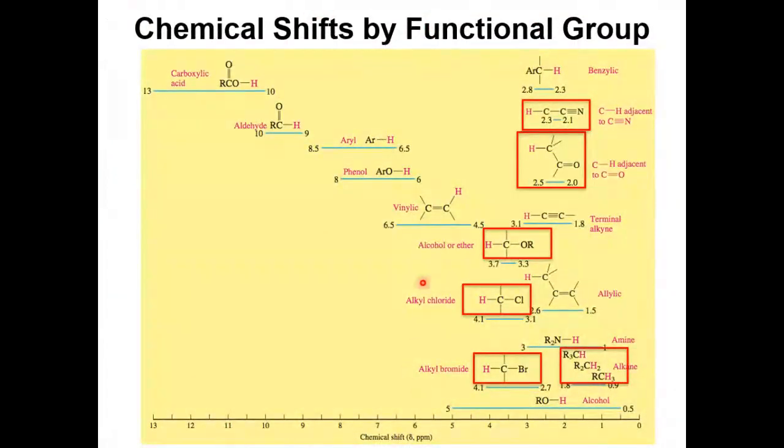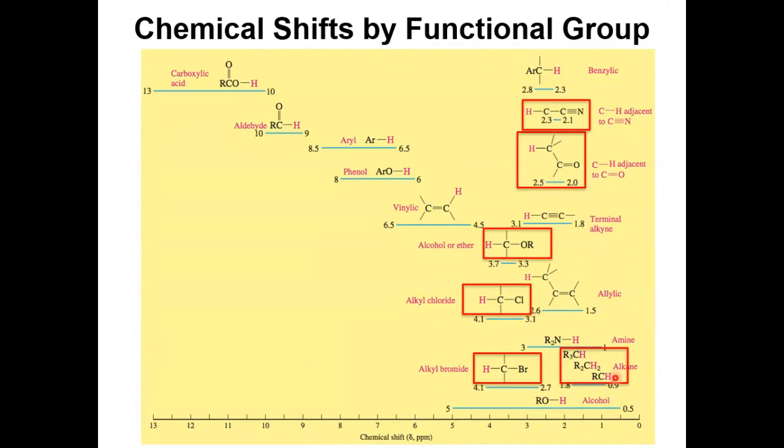But for CH protons, you can use this table to help you find what kind of protons you might have. For instance, if you have a CH bond connected to oxygen, you expect the chemical shift around 3 point something. If a CH bond is connected to chlorine, also about 3 point something. If a CH bond is connected to a carbonyl, it's around 2 point something.